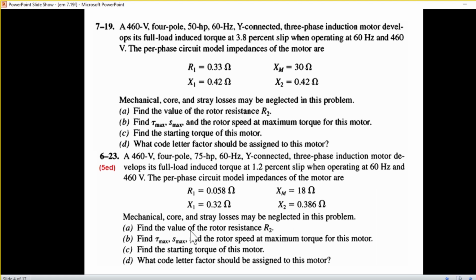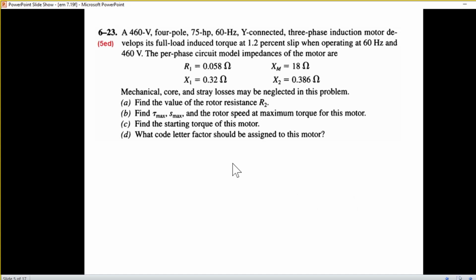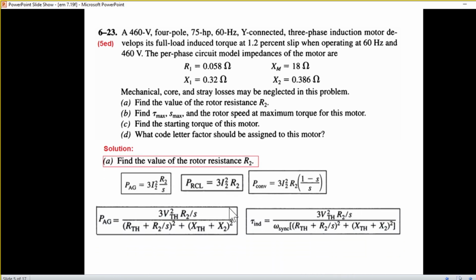I'll just be solving part A of the question, and I hope you follow and can do parts B, C, D. But if you have difficulty, let me know so I can make another video. This is going to be already a very long video, so we'll find part A only.